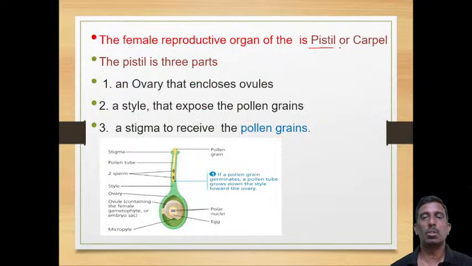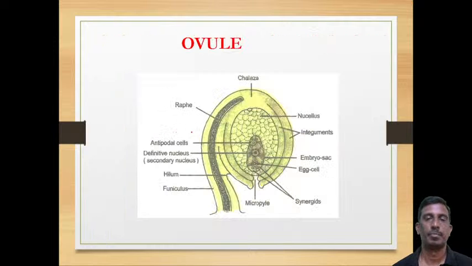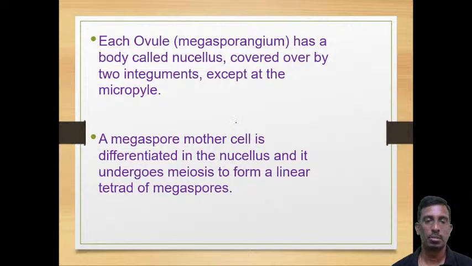Female reproductive organ is called pistil or carpel. A pistil or carpel has 3 parts: ovary, style, stigma. So this is ovule, which is covered by integuments. Inside is the nucellus from which embryo sac is formed. So embryo sac is formed from megaspore mother cell by meiosis.